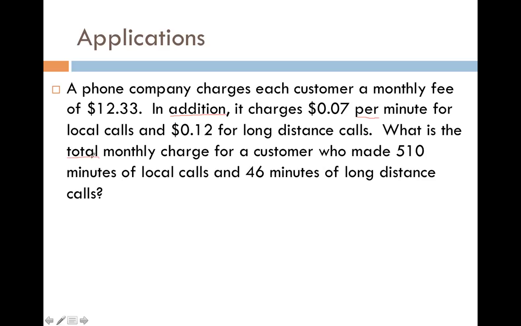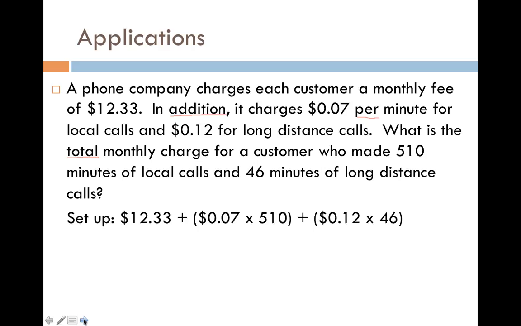So now I know I'm adding and multiplying to solve this problem because these words have told me that's what I'm going to be doing. That word per means that you're going to be multiplying the 7 cent by those minutes, and you're going to be multiplying that 12 cent by those minutes, and then you're going to be adding those two things to get that $12.33.